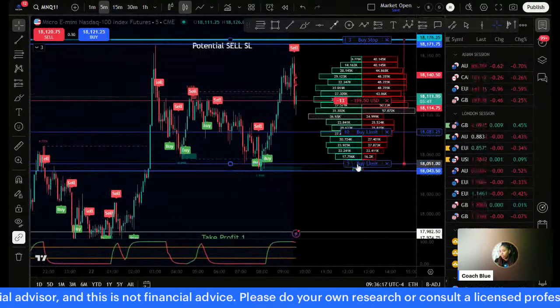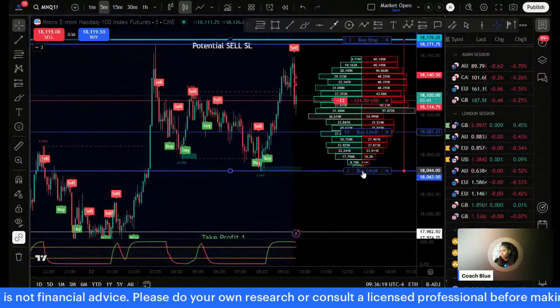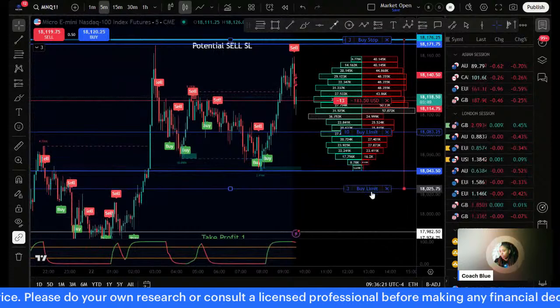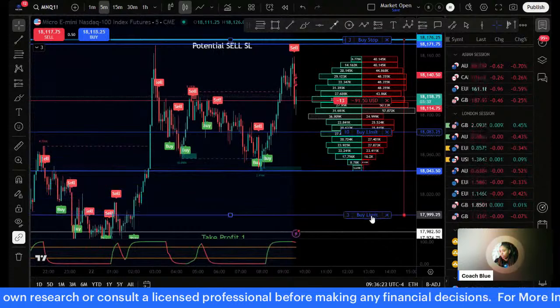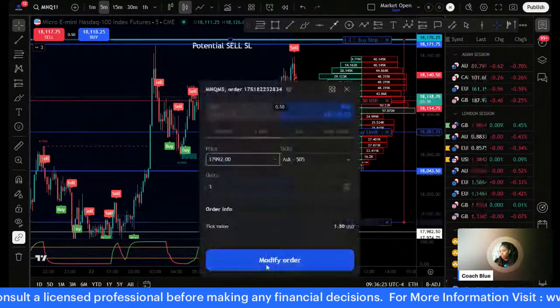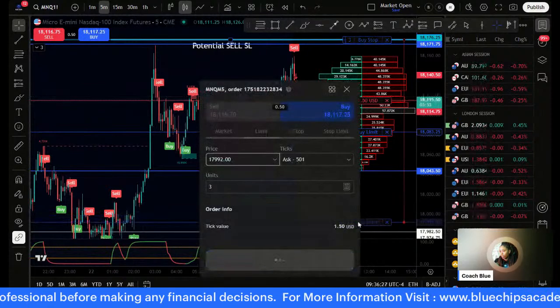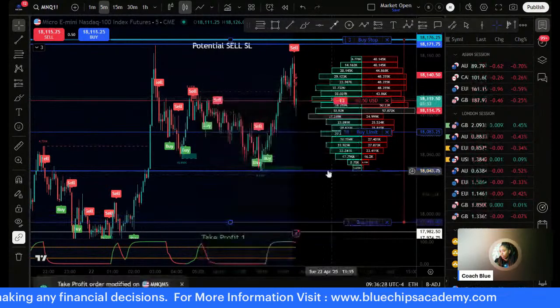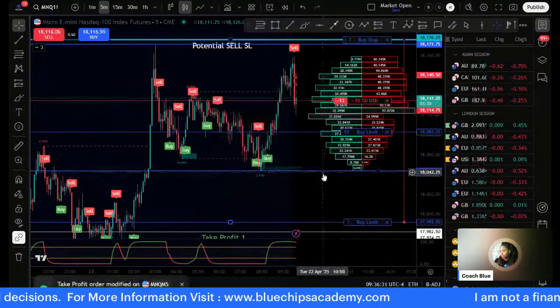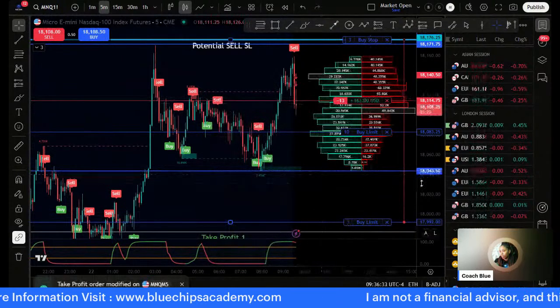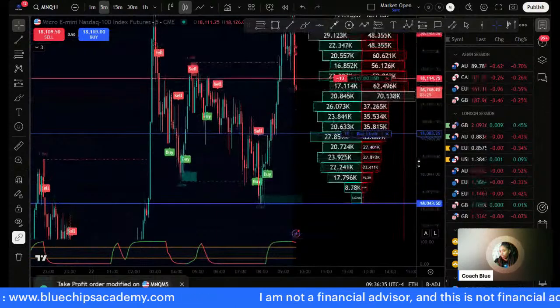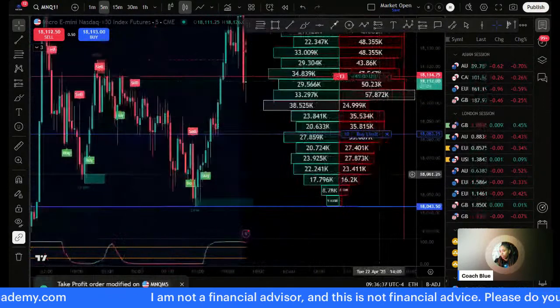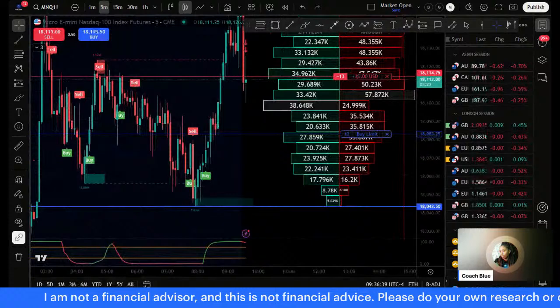Okay, so we're looking at about, I don't know, because I'm gonna leave it open, right? Because it could break, just depending on how strong it is, it could break past here if it decides to do that. So I'm gonna leave this open and I'll let you guys know what TP2 is. But TP1 is 18,083.25.